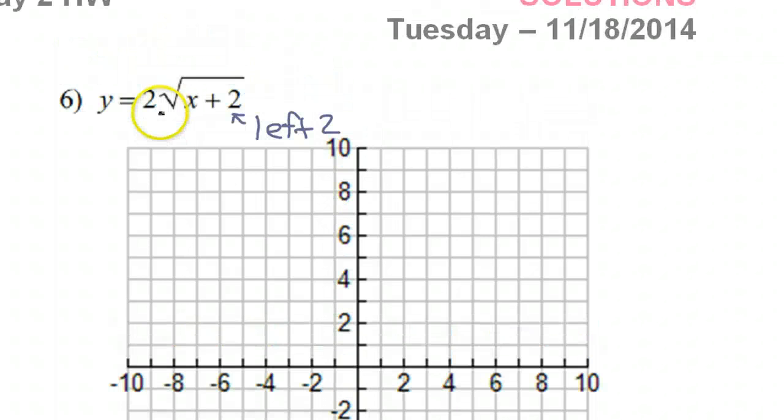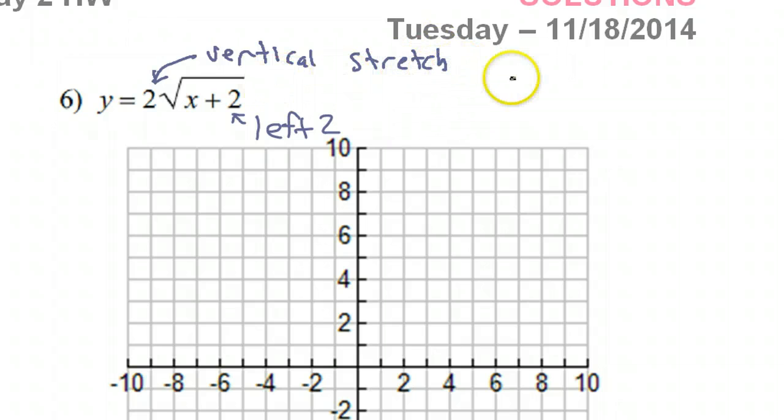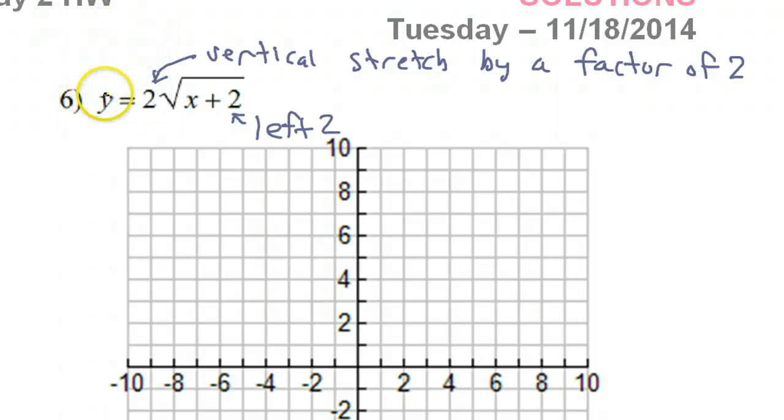Okay, and this a value of 2 is going to be a vertical stretch by a factor of 2. Alright, so those are the two transformations with which we are dealing.